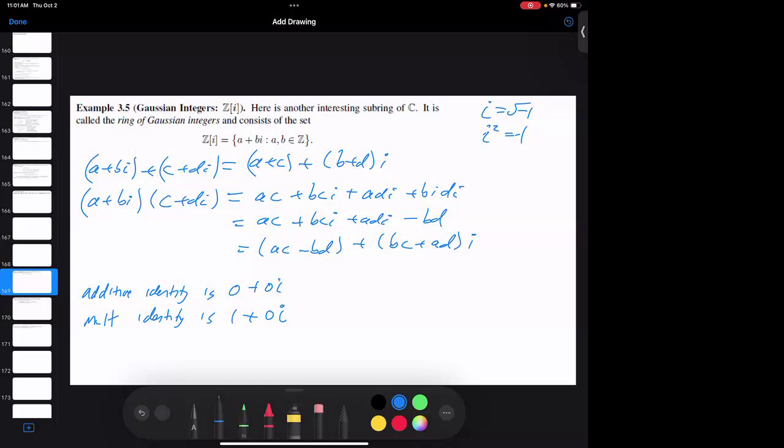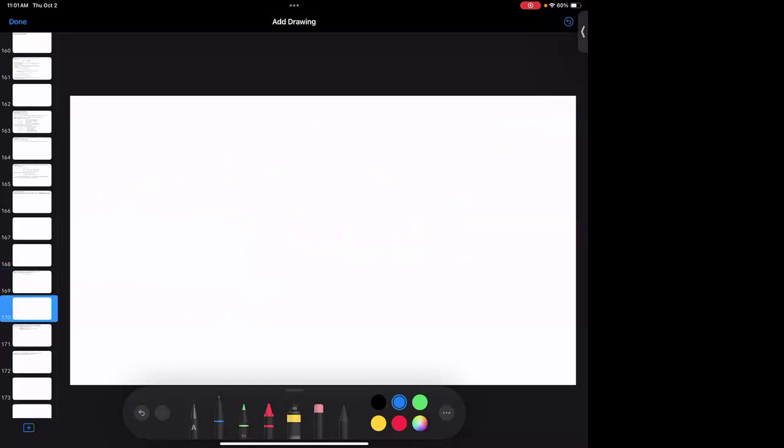And so if you look at things, it's going to be pretty hard to find multiplicative inverses. So if we want a plus bi times c plus di to equal 1, which a and b is there a chance of being able to have an inverse? So hopefully you've seen the following.